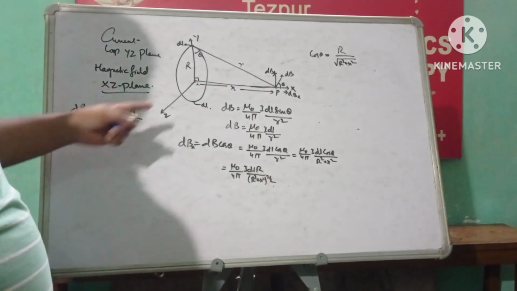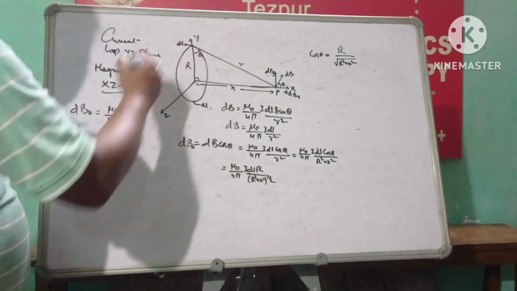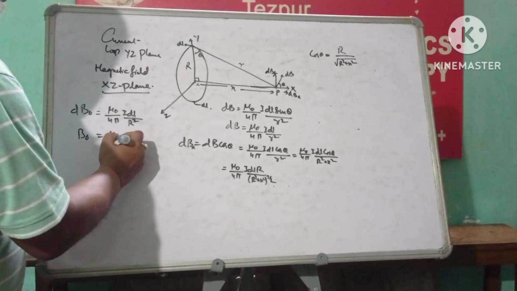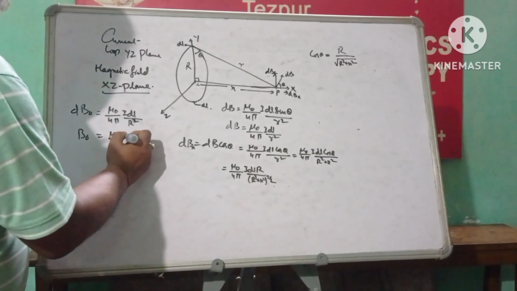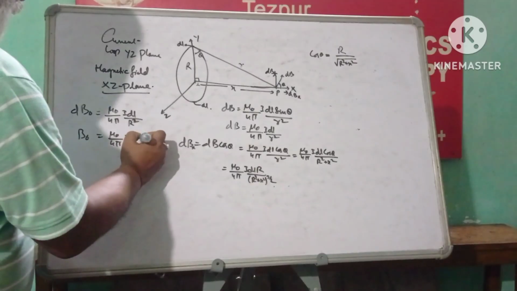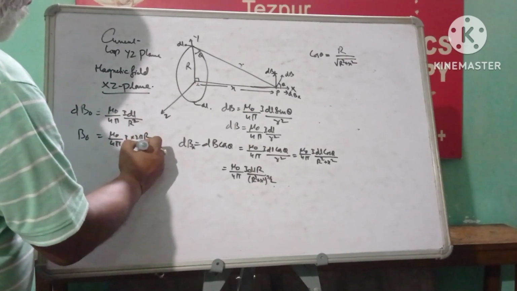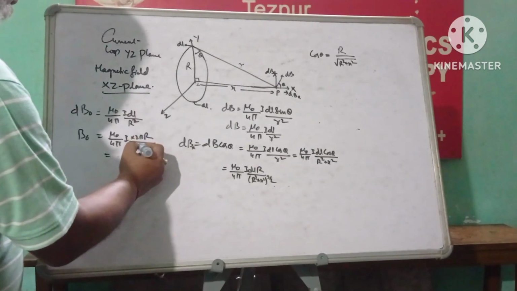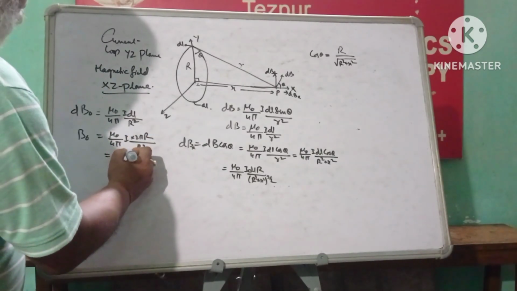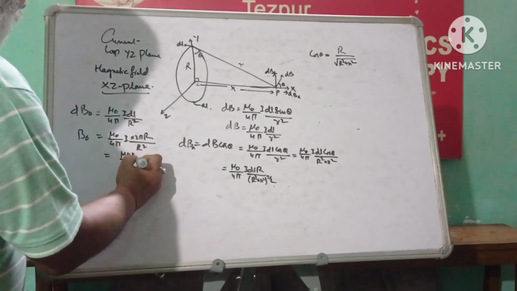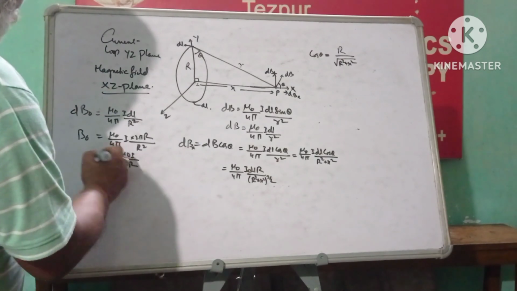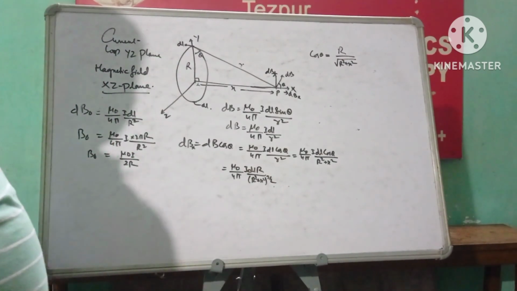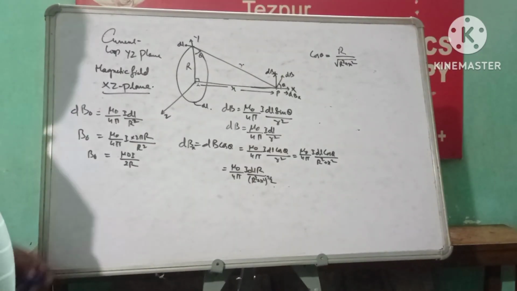So for the magnetic field at the center, because of this whole loop, this will be B naught, that is mu naught by 4 pi, I, and dl that will be 2 pi r. So this cancels out, and this will be mu naught I by 2r. This is the magnetic field at the center.